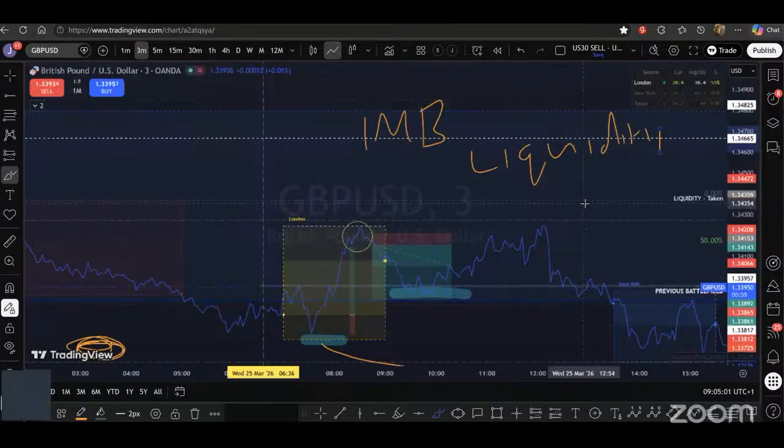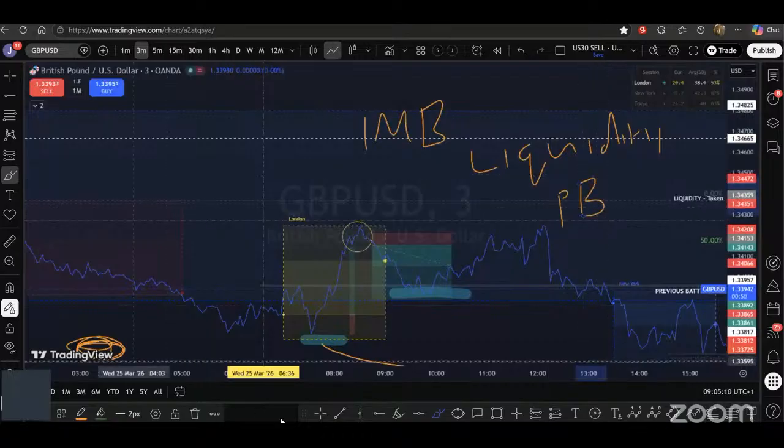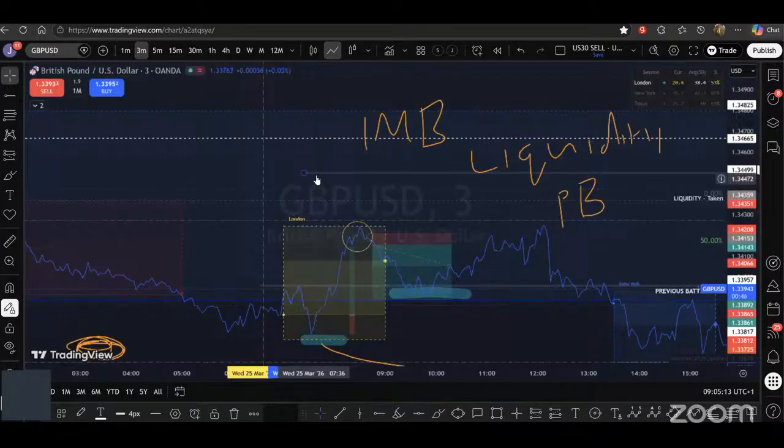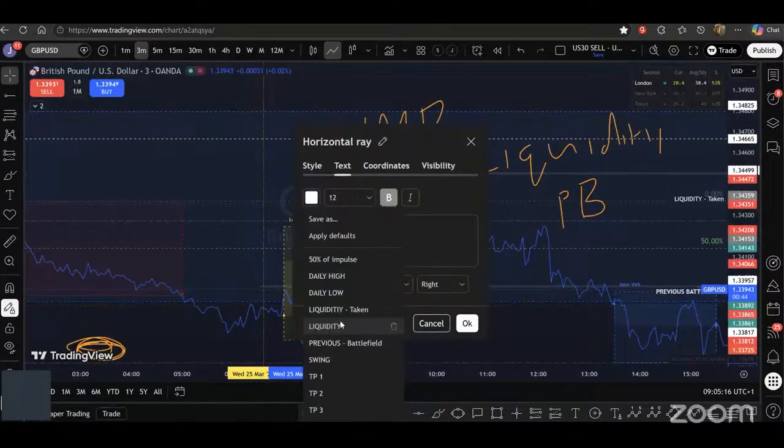We also have our points of interest, such as previous battlefields. Or everything that you see in here, when I go and draw a line and go into my options: daily highs, daily lows, liquidities, previous battlefields. That's what I'm interested in. And 50% of session.